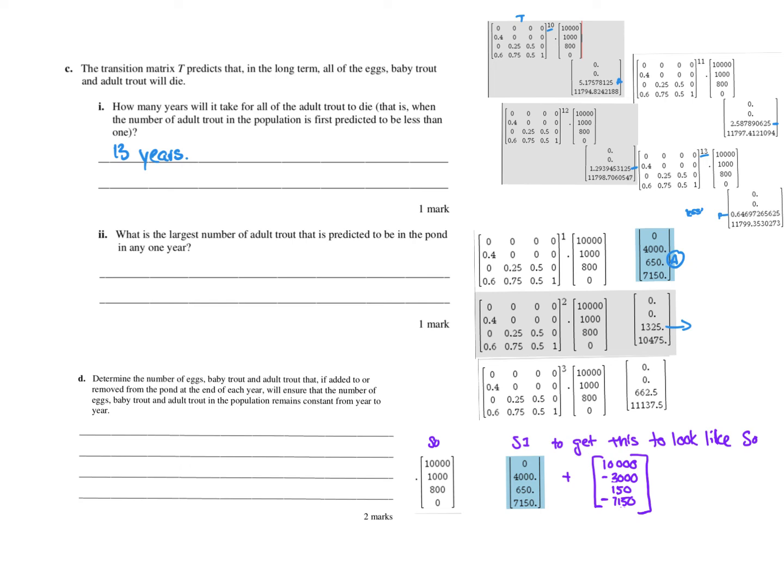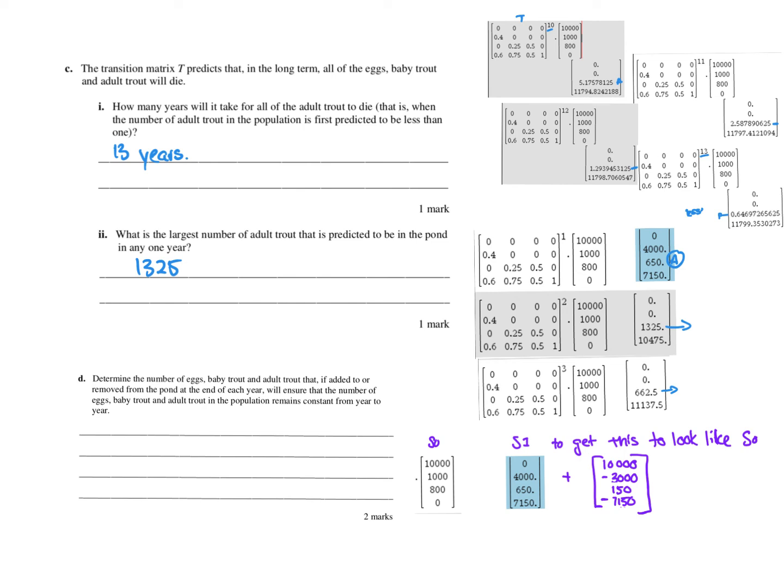We've got no more babies to grow, so then we start to die off. So when we go to year 3, we can see the numbers dropping. So it was actually in year 2, and it's 1325. Just have to be careful, some people probably just wrote the beginning one, 800, but remember the babies could grow up, so you might have had to have a look, and it's trial by error.